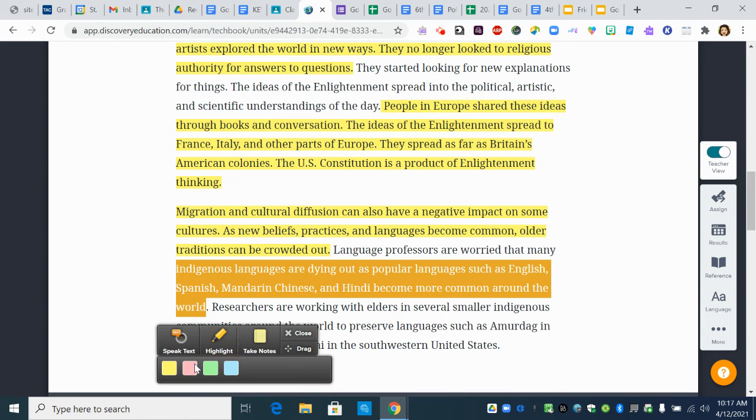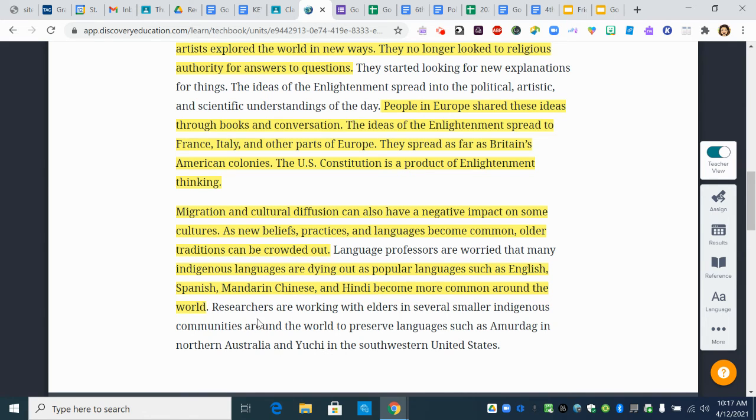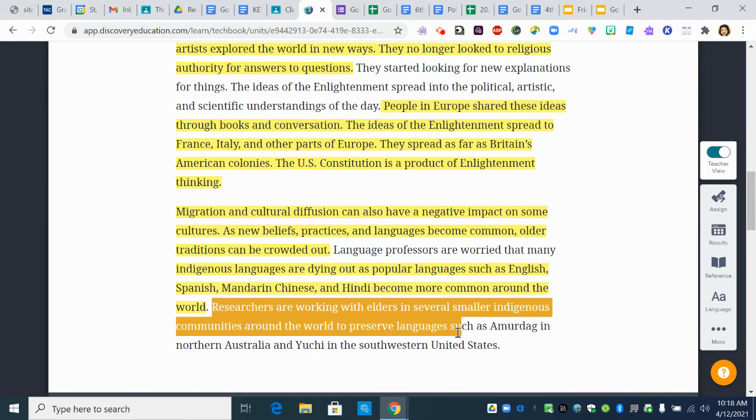Researchers are working with elders in several smaller indigenous communities around the world to preserve languages such as Amurdag in northern Australia and Yuchi in the southeastern United States. So researchers are working with elders to preserve languages.